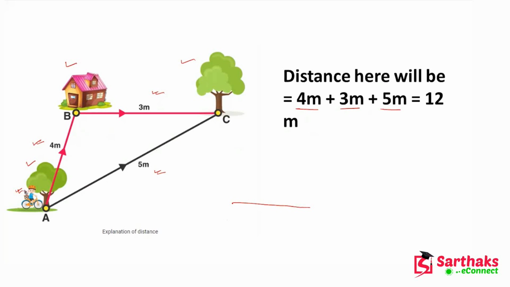I am giving another example. Suppose we have one park, and there is a semicircular path, and one person is walking through this path.